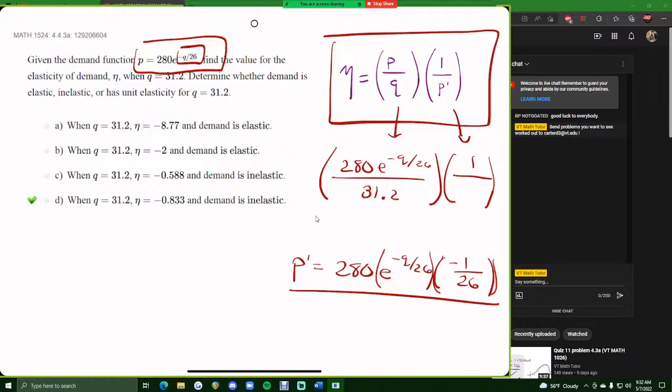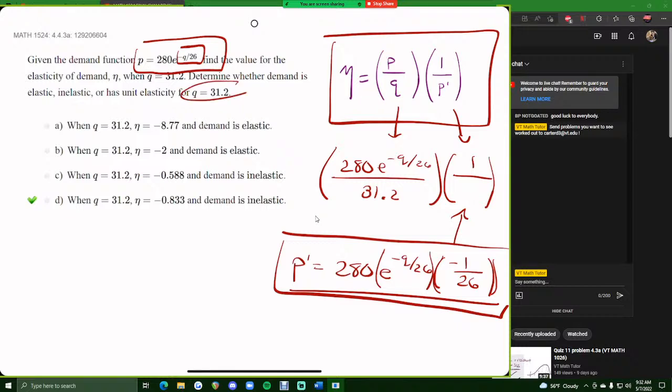And so we could plug all of this in there. The important thing is you would make sure to plug in the q value, 31.2, in place of this q and this q. And then you would just calculate this whole thing.